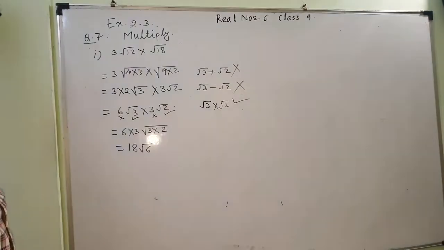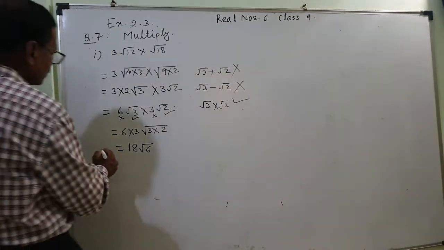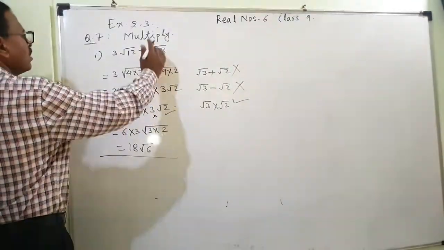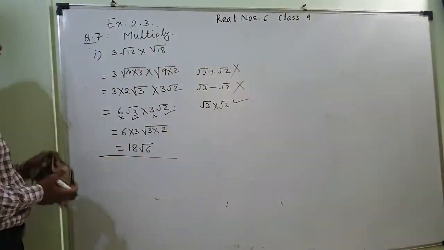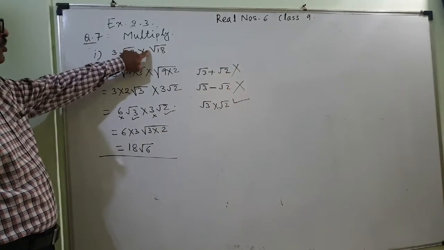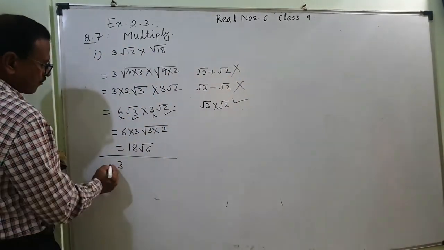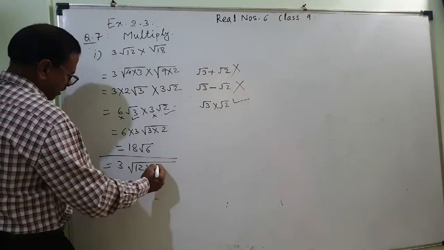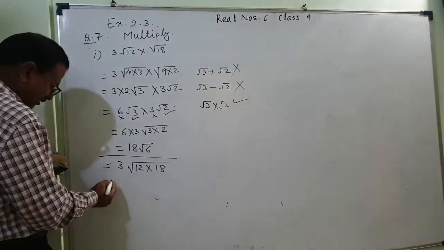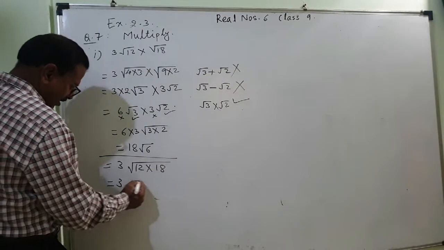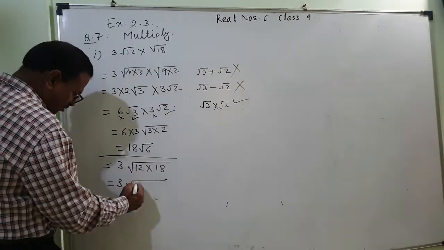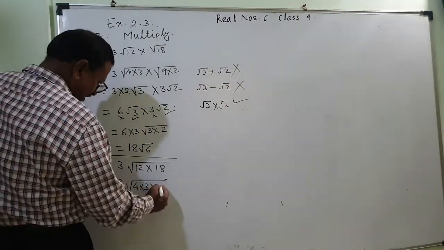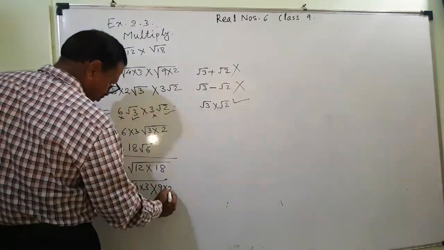I have told you that there are two ways. Somebody will write like this. 3, here it is into 1, so 3 into 1 is 3. And in the root part, 12 into 18, this way. That is equal to 3 into, now the factors of this will be 4 into 3 into, now factors of this will be 9 into 2.